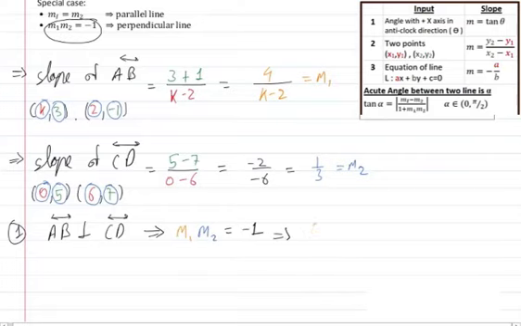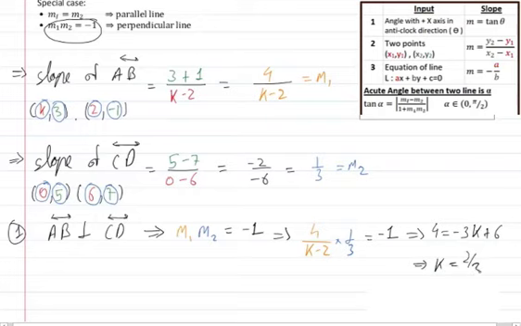M1 is 4 upon k minus 2, and M2 is 1 by 3, equal to -1. If we simplify the terms, we will get 4 is equal to -3k plus 6, or we can say k is equal to 2 by 3. Tada! We get our solution for the first case.